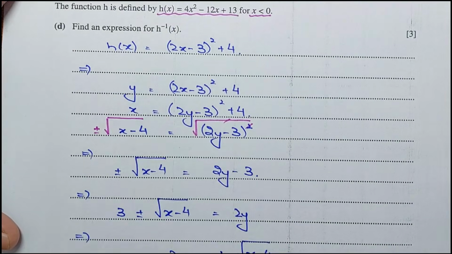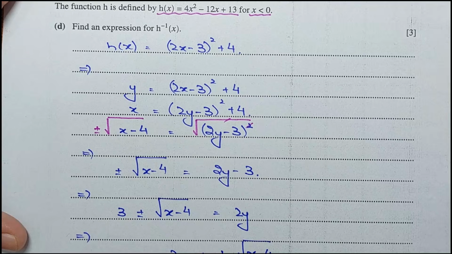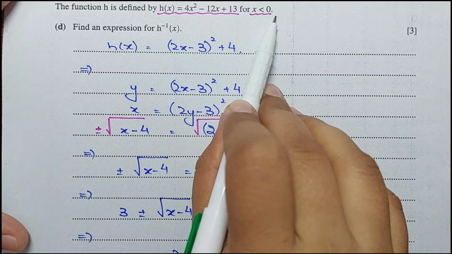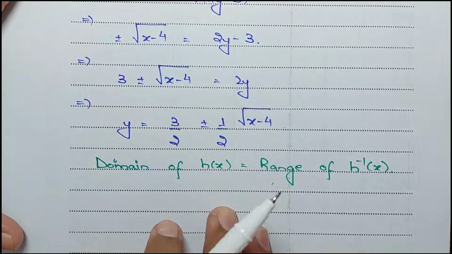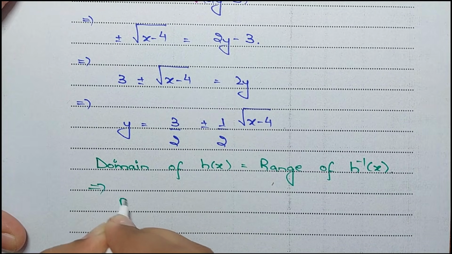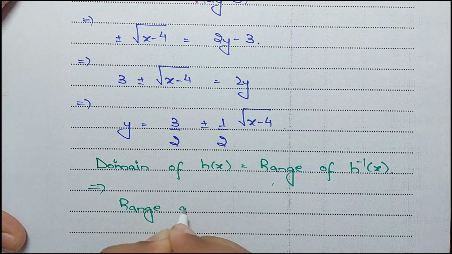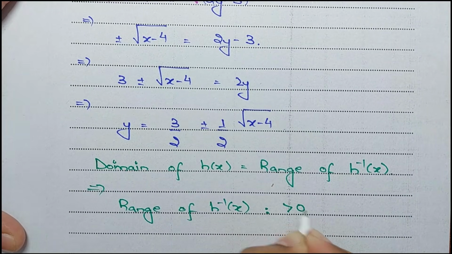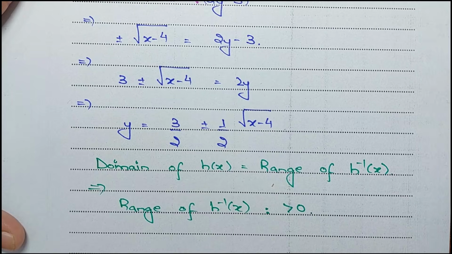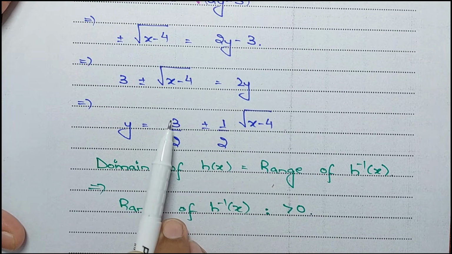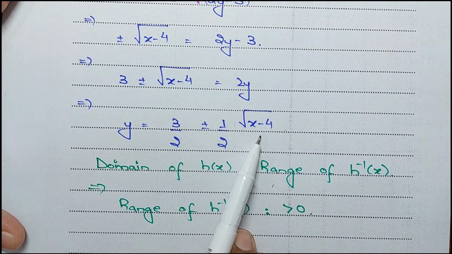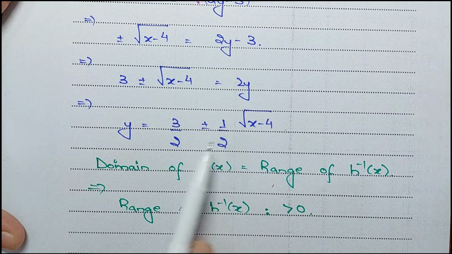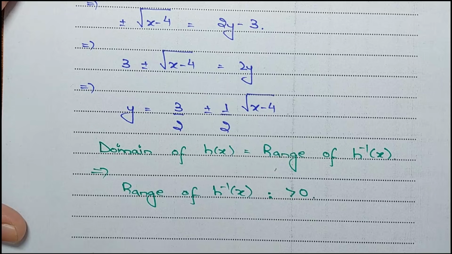The domain of the function h of x is less than 0, and that would be the range of h inverse. So the range of h inverse of x should be less than 0. If you put 3/2 plus something, is it less than 0? Or 3/2 minus something is less than 0? 3/2 minus something gives you less than 0.